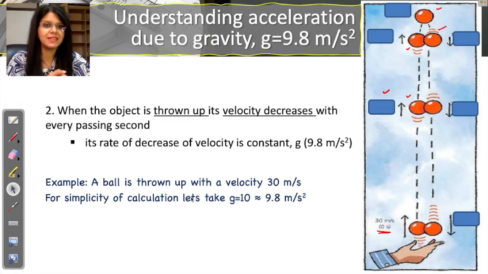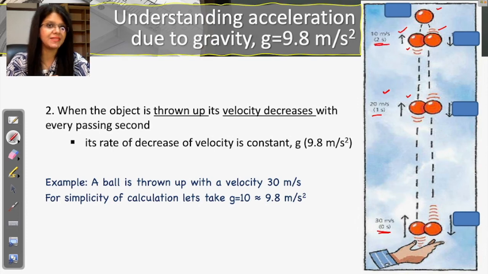So the new velocity is, you are right, 20. After the next 1 second, what is the new velocity at this location? Think about it. The velocity will decrease by 10 after 20, so 10 meters per second in the second second.